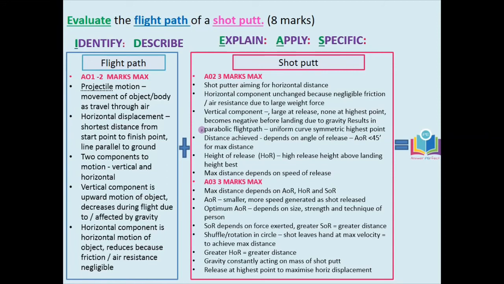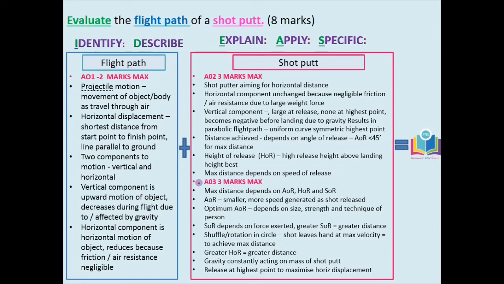This results in a parabolic flight path, which is a uniform curve symmetric at the highest point. Distance achieved depends on angle of release. Angle of release needs to be less than 45 degrees for maximum distance. The height of release, so a high release height above landing height, is best. Maximum distance depends on the speed or the velocity of release.